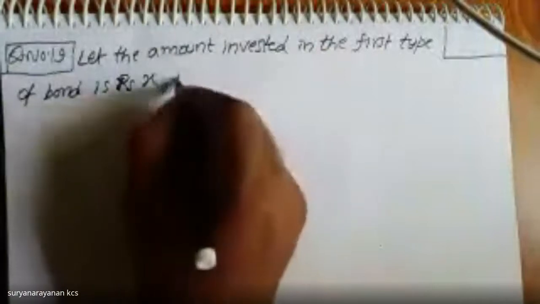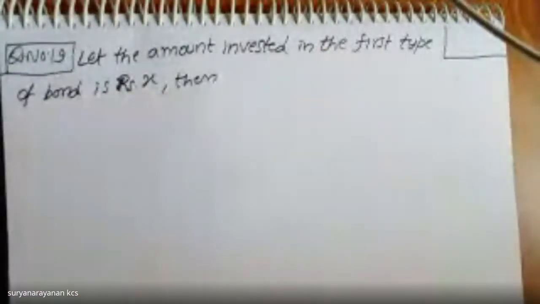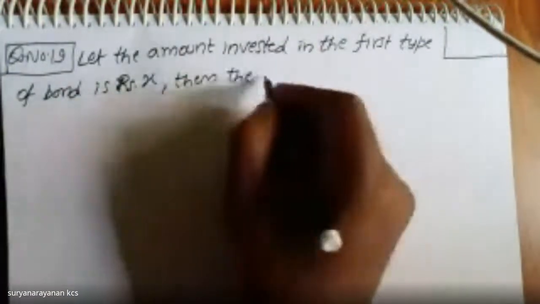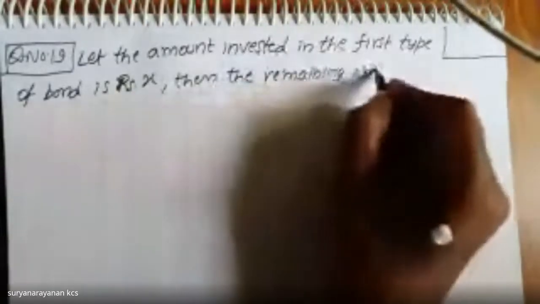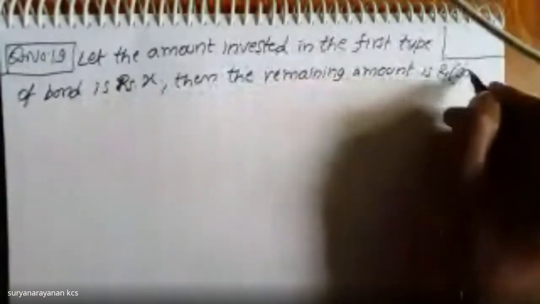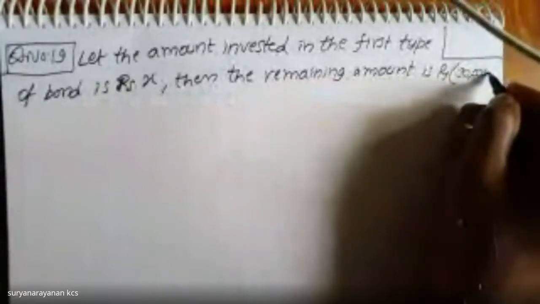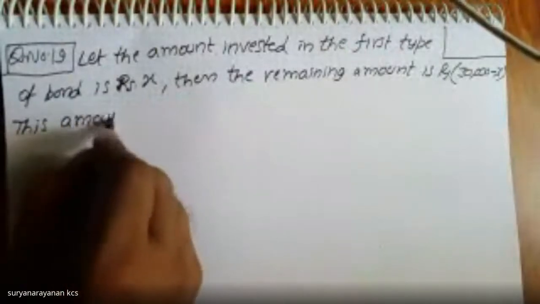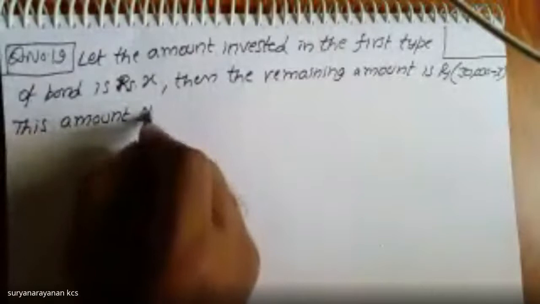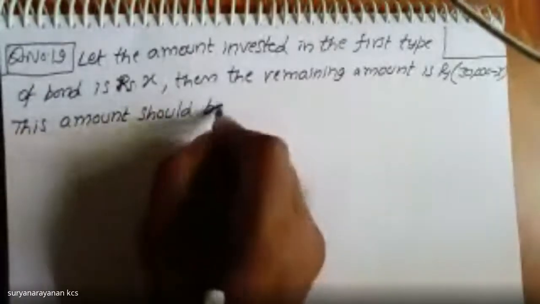Then the remaining amount should be invested in the second type of bond.